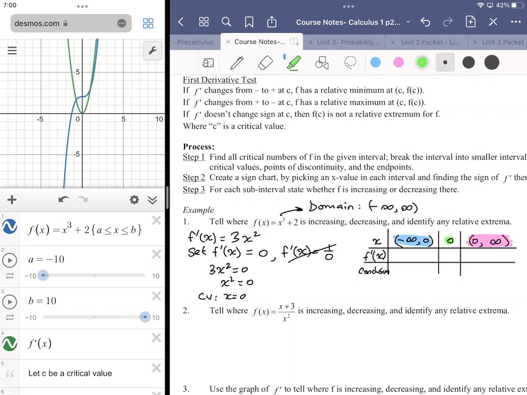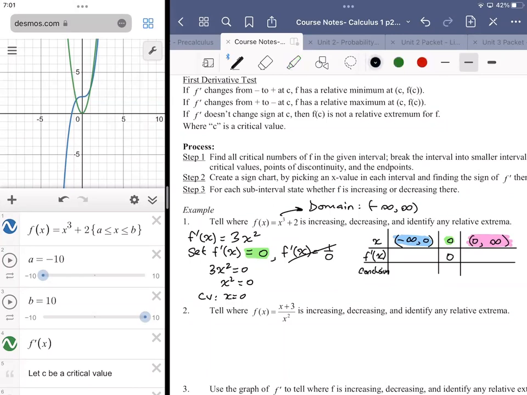But we already know what's going to happen at the x value of 0. The derivative is going to equal 0, because that's the approach we just took: we set the derivative equal to 0 and solved for x.